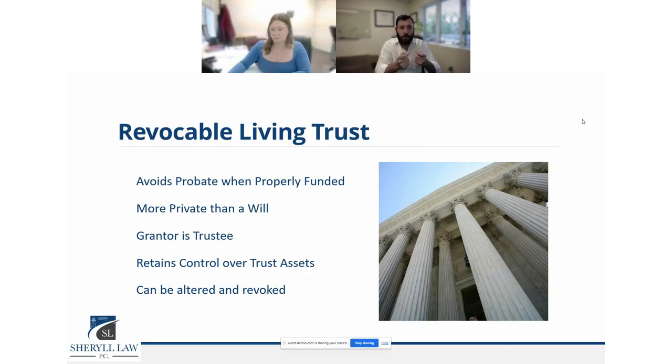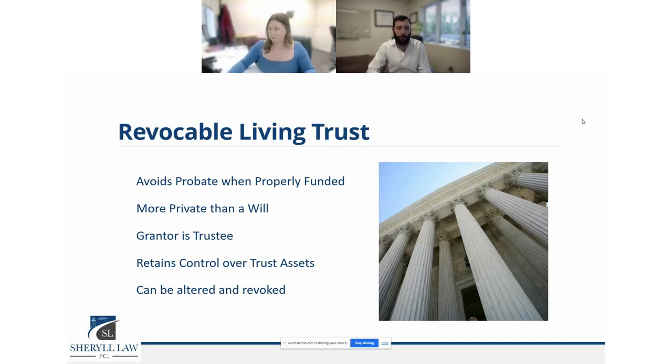So, in legal terms, we're saying that with a revocable trust, the grantor is often the trustee and the beneficiary. And why is that? Because you're not looking to lose control and access over your money or your assets. You're just trying to consolidate them in a vehicle that will allow them to pass court-free, right, without having to go through probate.